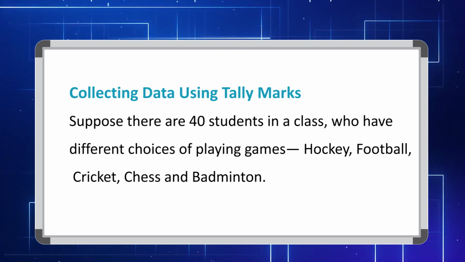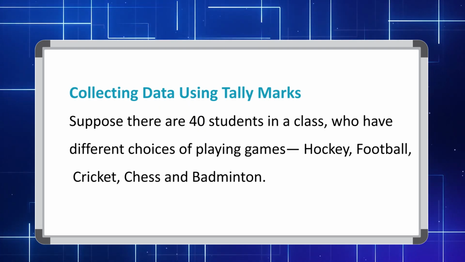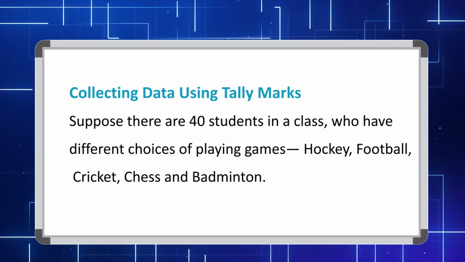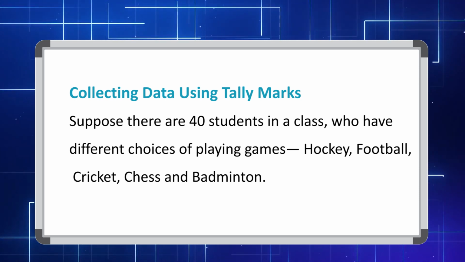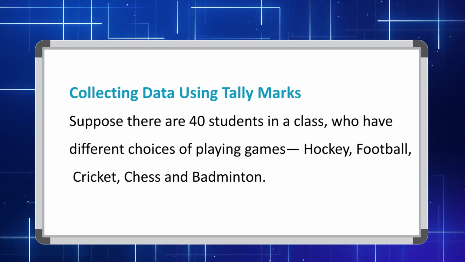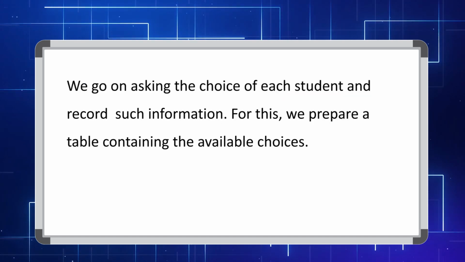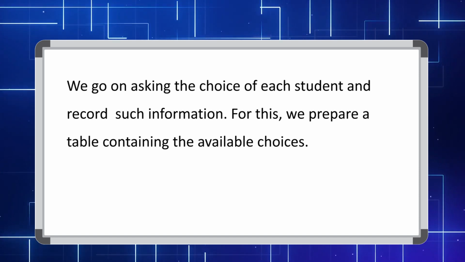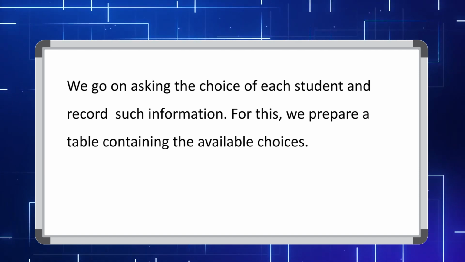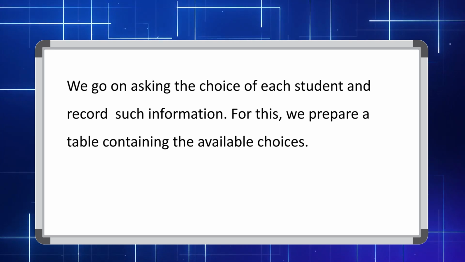Collecting data using tally marks. Suppose there are 40 students in a class who have different choices of playing games: hockey, football, cricket, chess, and badminton. We go on asking the choice of each student and record such information. For this, we prepare a table containing the available choices.